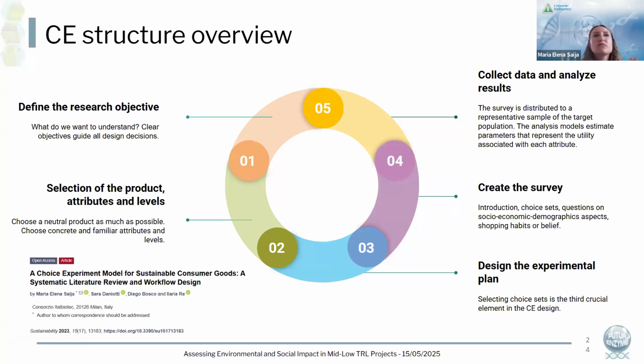Okay, this is just a brief overview of the key points, but if you want to have more insight about how to set up the study, and what are the important things to consider, you can read my work that you can find in the slide.